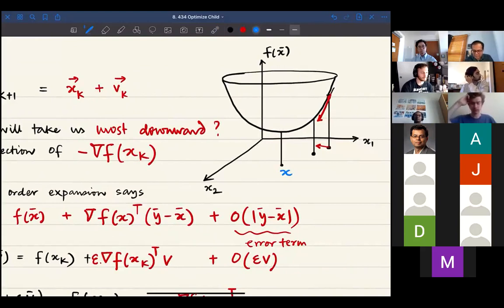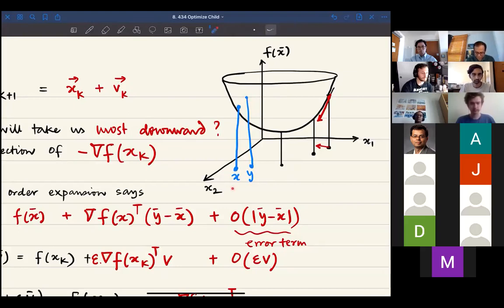And let's say this point is y. Actually, let me not take the minimum point as x. Let me take some other point as x. Okay. This point is x. This point is y. This point is f(y). This point is f(x). I took some random points.